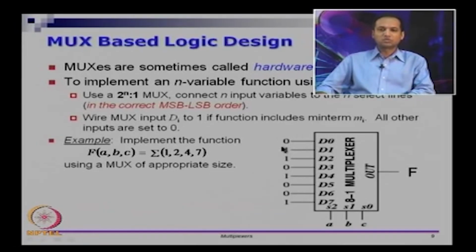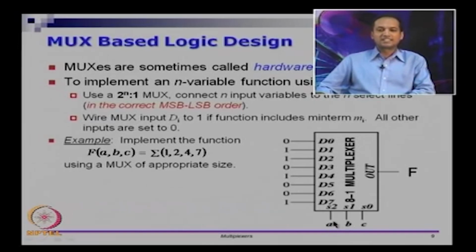So you plug the truth table into the 2 power n to 1 multiplexer as the input lines. These are all constants, there are no variables here. The actual a, b, c input conditions you plug into the select lines, and the output is the expected output. You can imagine how this is going to work.